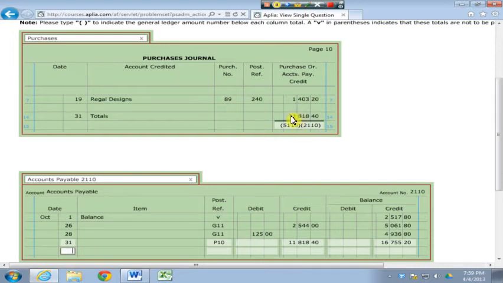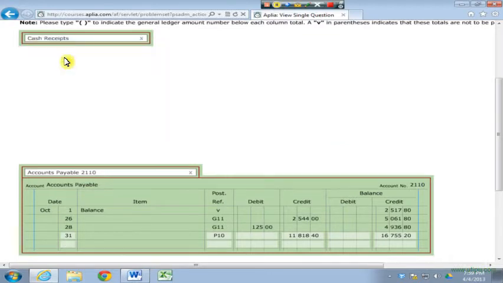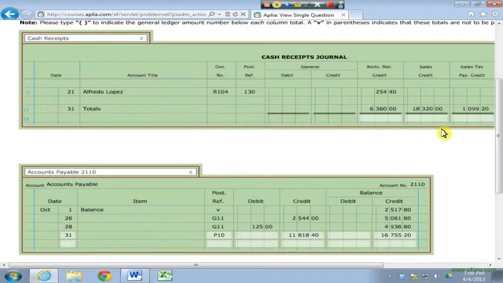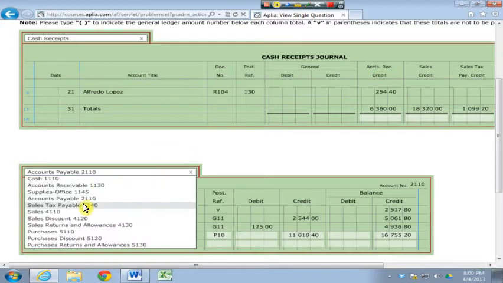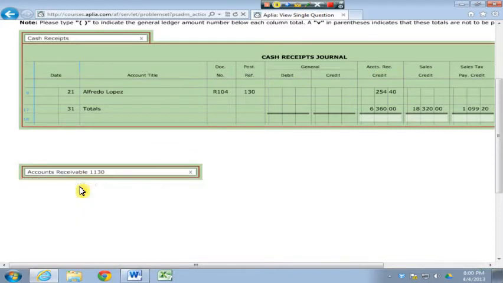Step number 3, we're going to post the October 31st column totals of the cash receipts journal. So we're going to go to cash receipts. What is the first ledger we're going to need to find? We need to find the accounts receivable ledger. So accounts receivable.